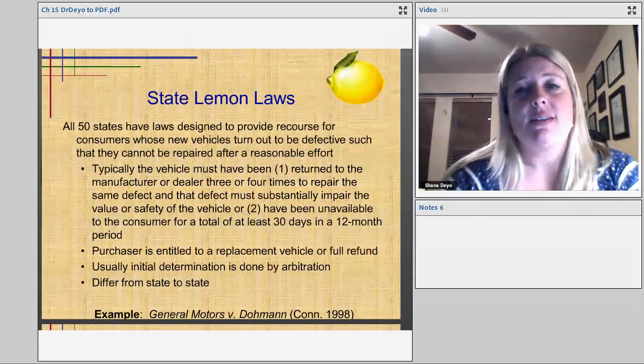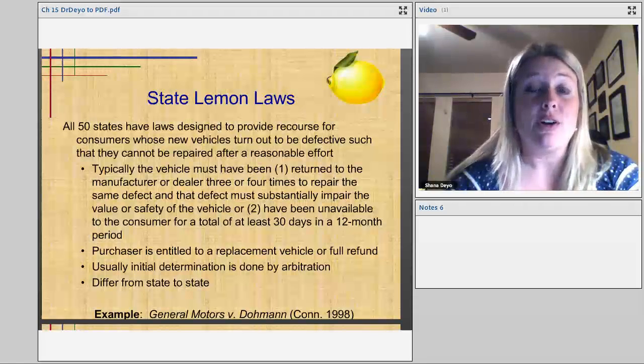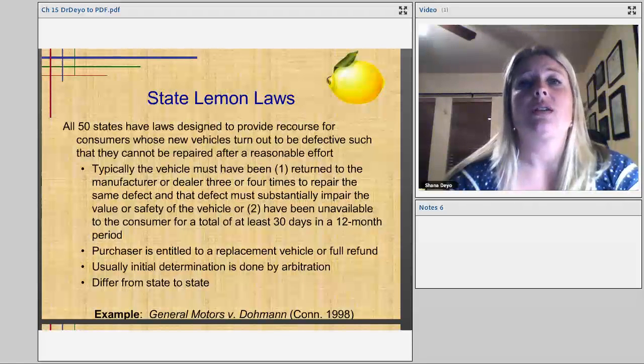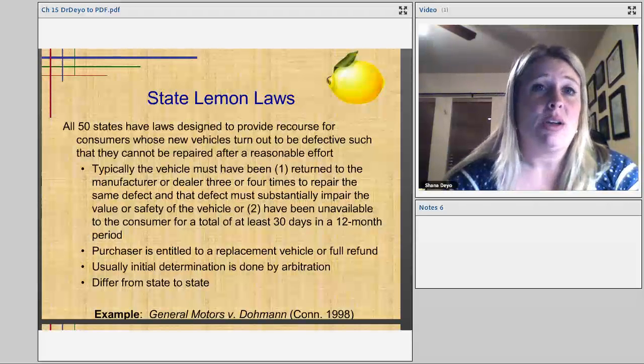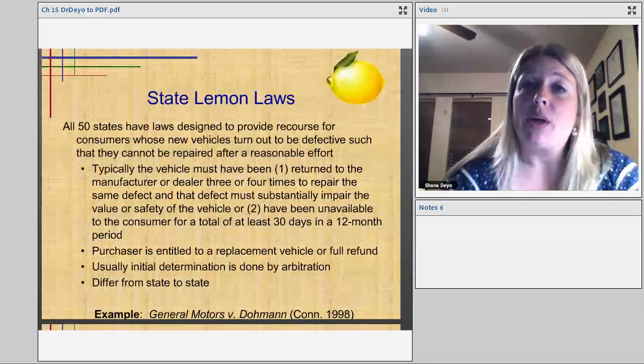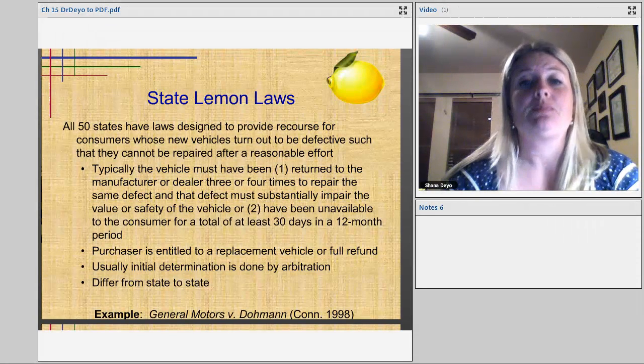So all 50 states have some form of lemon law. They're all different. One of your homework assignments this week is to look at some lemon laws and compare them. Ours is actually pretty liberal in Florida. It's more protective than some of the other states, to be honest.